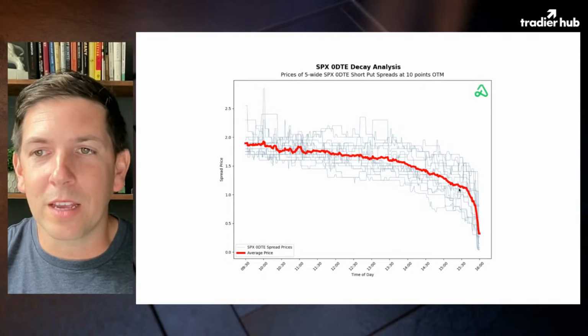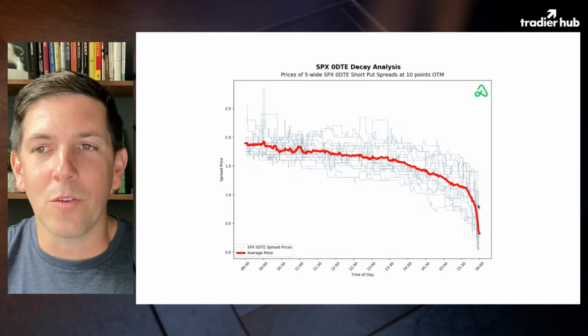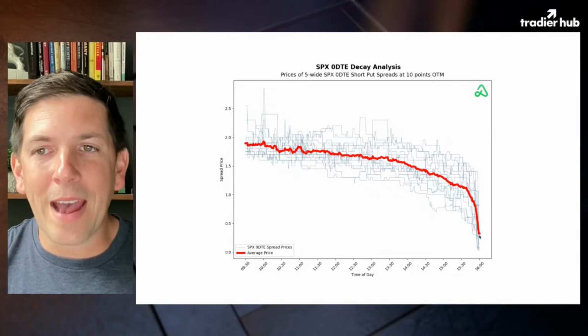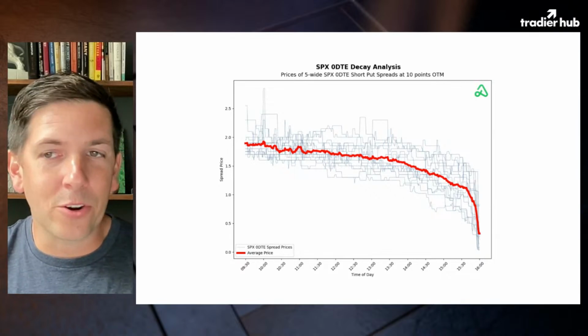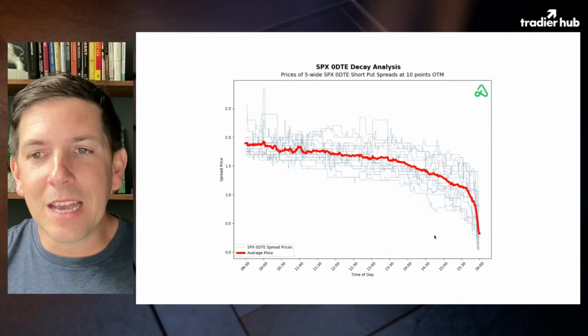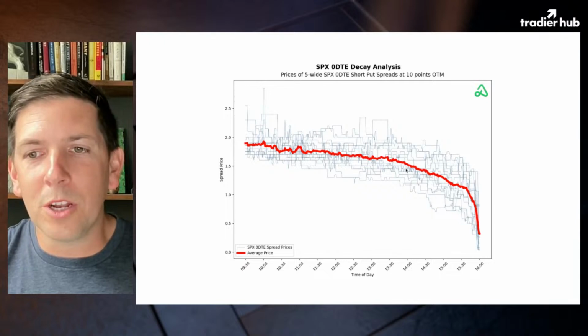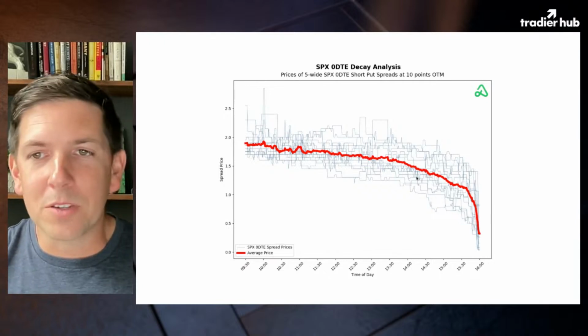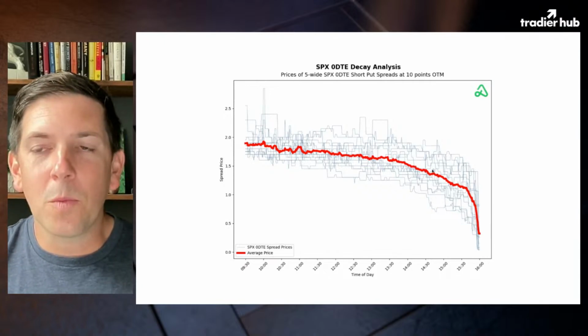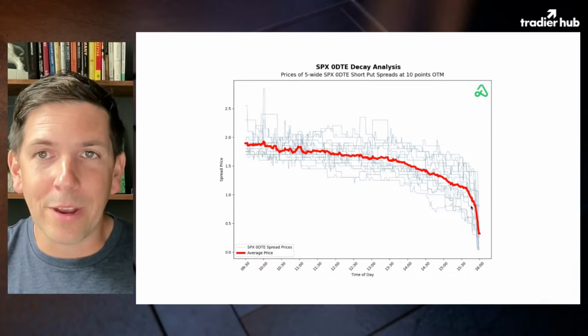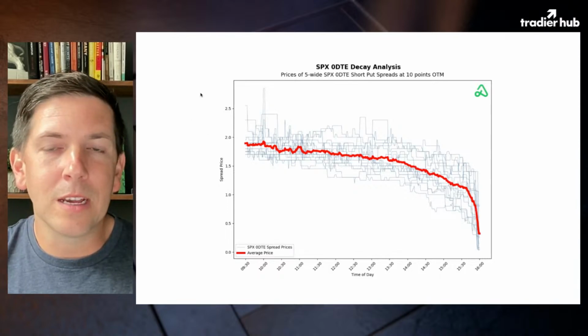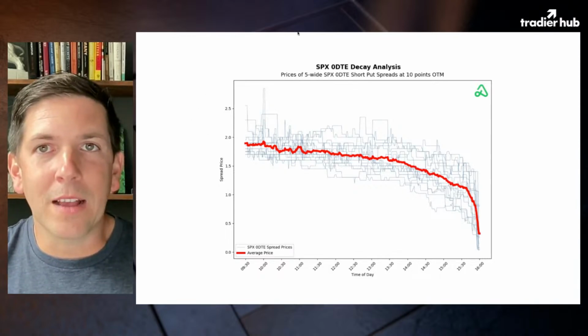It literally looks like it rode a bike off of a cliff and fell down into the close. So you get very, very fast decay in the back 30 minutes of the day. I would say that around 2 o'clock, somewhere in that range, you probably get some really accelerating decay for these out of the money positions. So that's very interesting analysis that we saw.